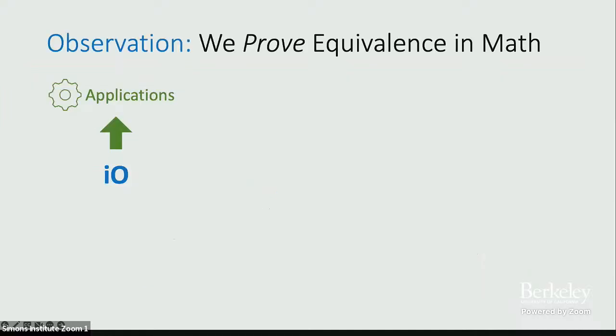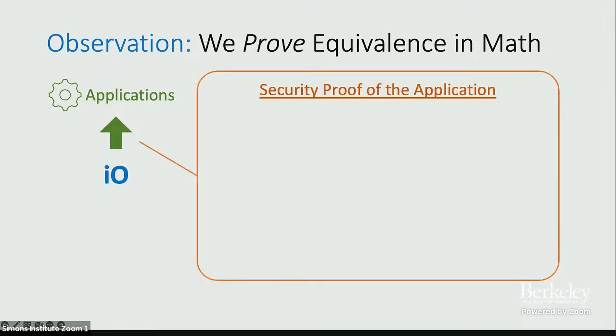So in this work, we are going to depart from the previous route. Our starting point is the following key observation. We observe that if we want to use I/O to build some other applications, then it seems that we always write down a mathematical proof of functionality equivalence for the circuits that we are interested in. The reason is as follows. Suppose we want to use I/O to build some other application. Then we need to prove the security of that application.